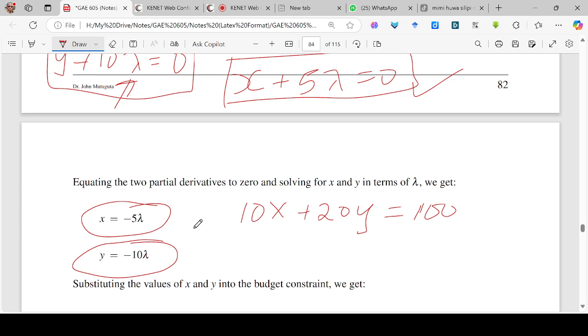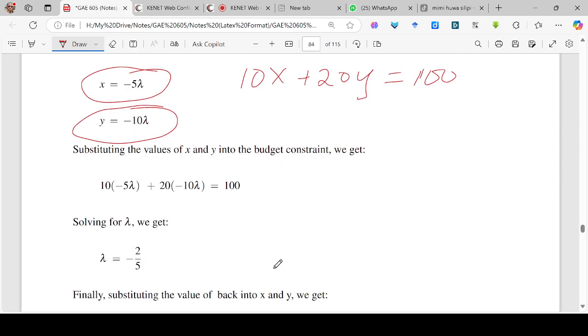If we substitute these two, that is, we replace x with minus 5 lambda and y with minus 10 lambda, then our equation is reduced to this, which we can solve to get lambda equals minus 2 over 5.